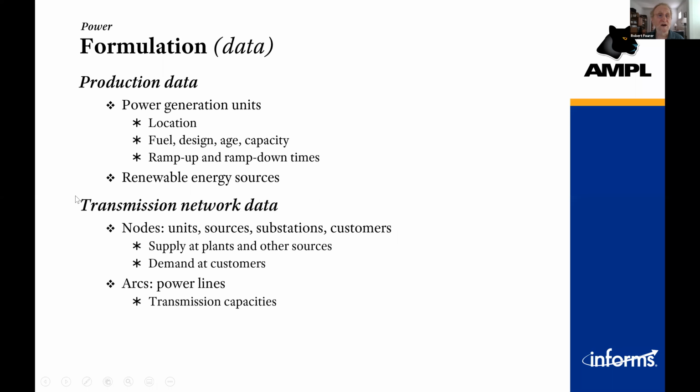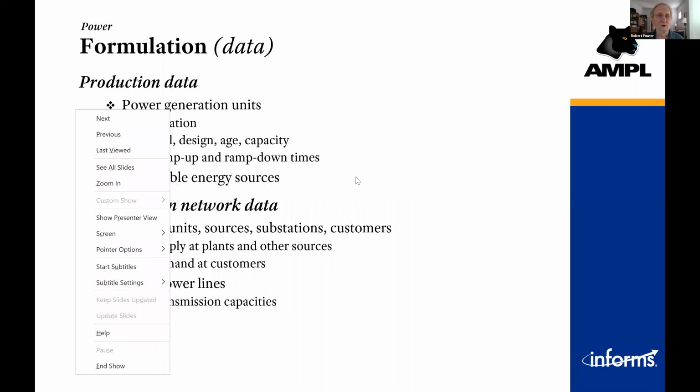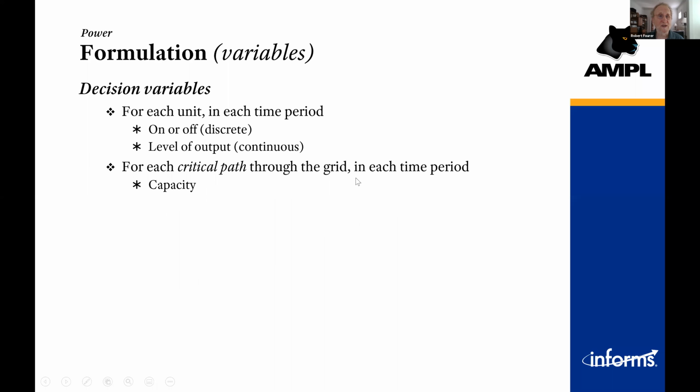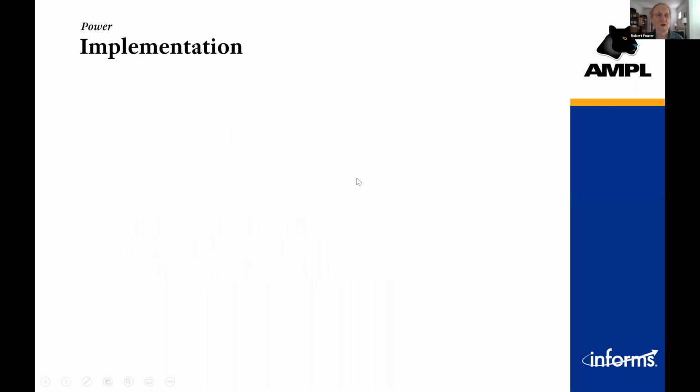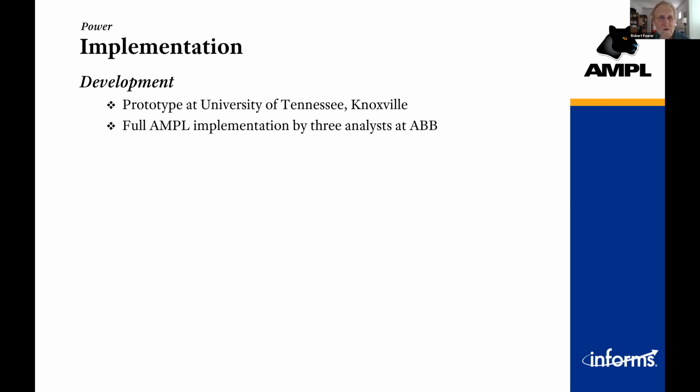And so again, I'll go quick through the formulation, various data, decision variables, objectives, and constraints, and just skip to the implementation. This one was also the prototype developed at a university that was close to where the ABB offices were, and then 3 analysts at ABB took it over and developed the full AMPL implementation.